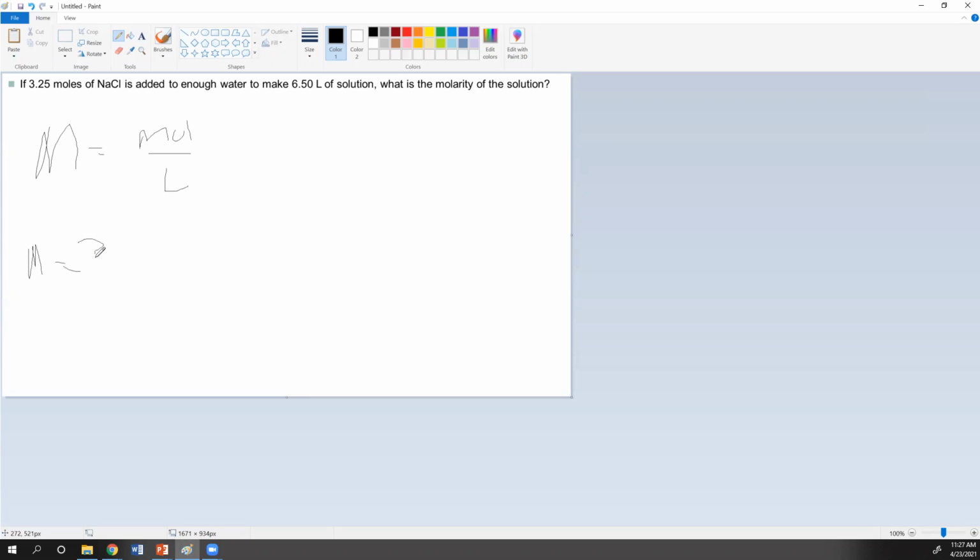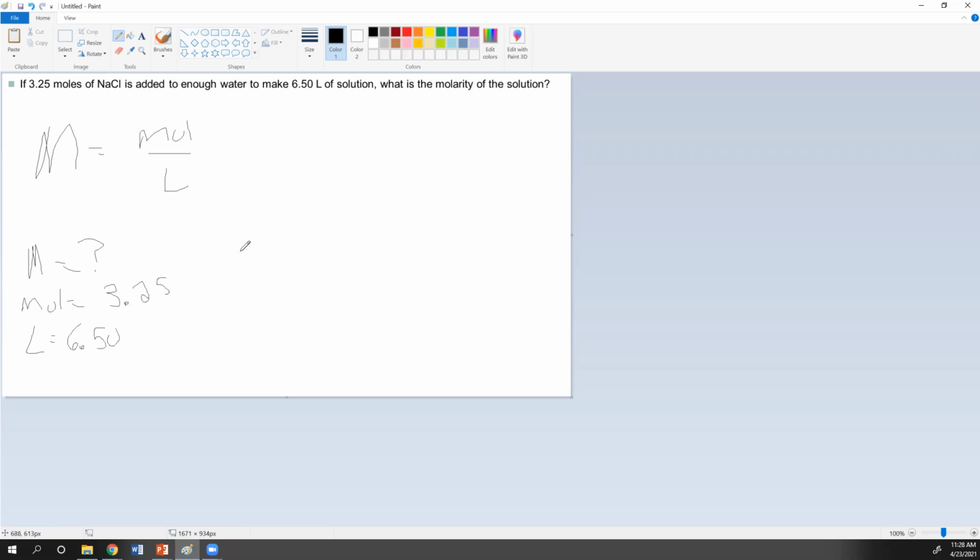That's what I'm looking for. My moles is 3.25. This letter right here where my mouse is? That's a big M.